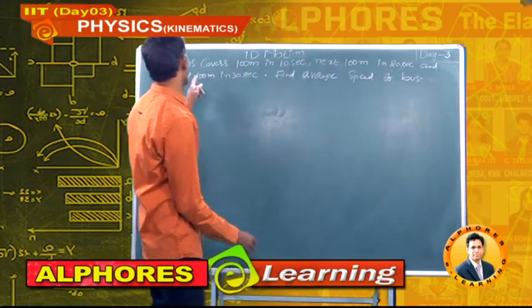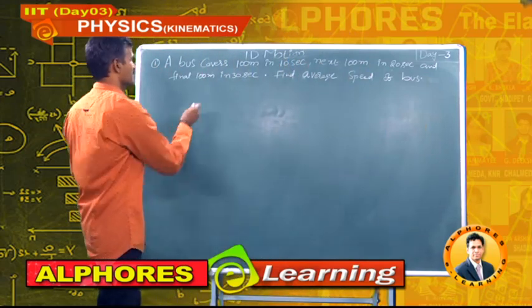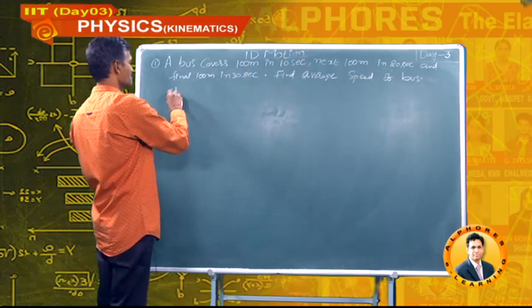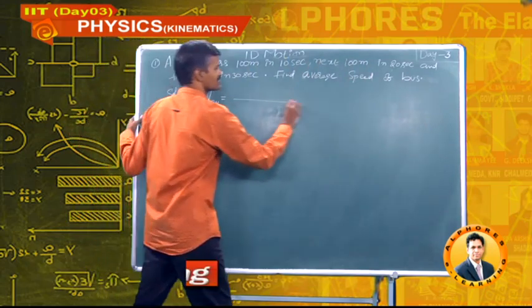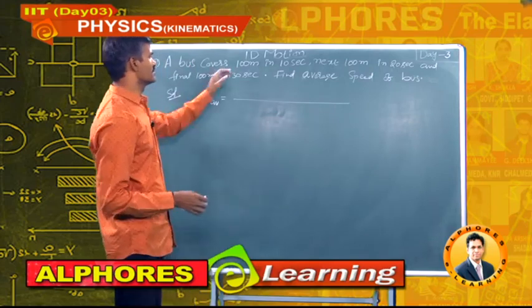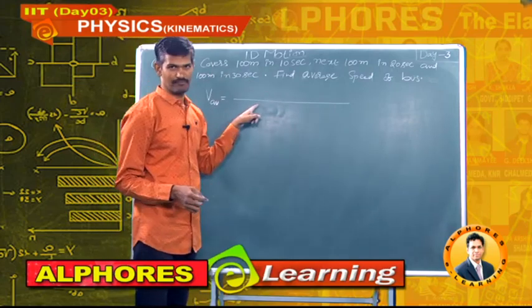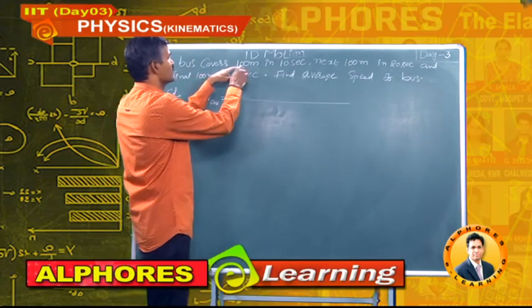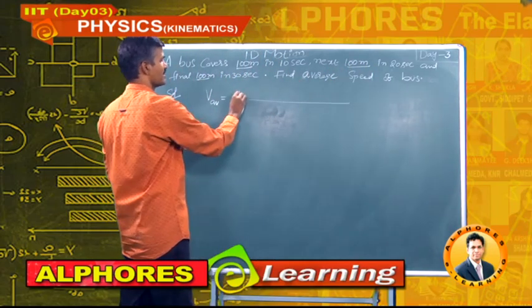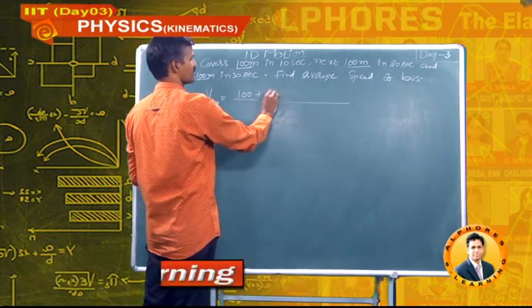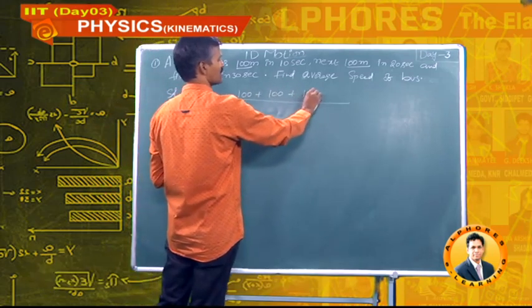So, here how to calculate the average speed? The definition of average speed is total distance travelled by the body divided by total time. Total distance travelled by the body is 100 plus 100 plus 100.